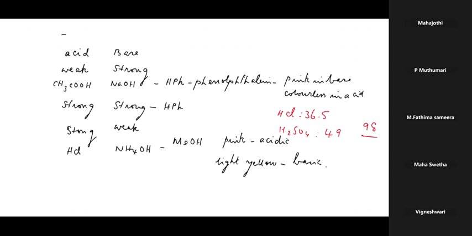The basicity of sulfuric acid is 2. Therefore, its equivalent weight is 49. For sodium hydroxide, equivalent weight is 40. And for sodium carbonate, a weak base, it is 106. So these are all the important ideas you should remember regarding the titration.